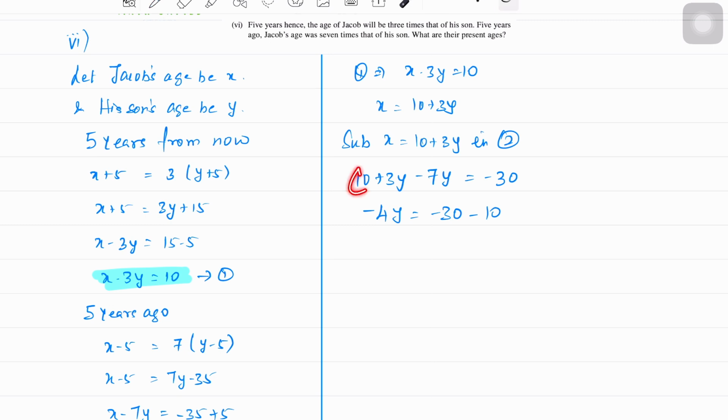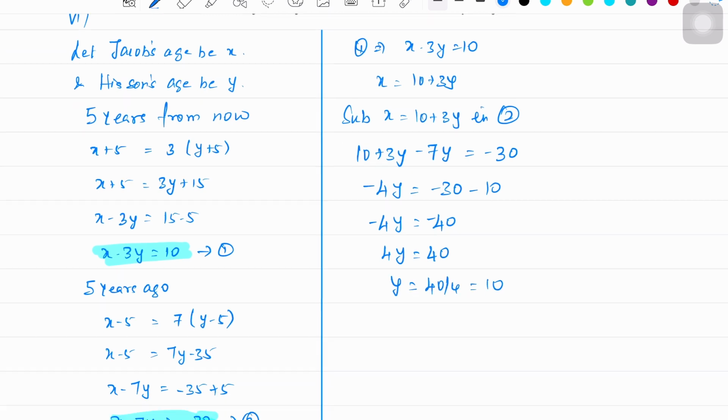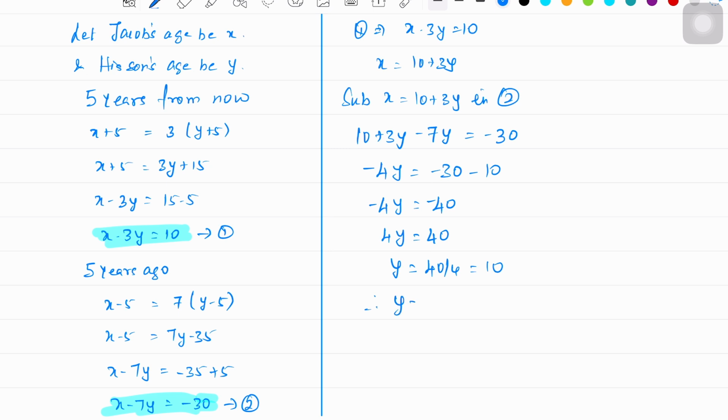We are bringing this 10 to the right side, and this will become minus 10. So negative 4y equals negative 40, or 4y equals 40 and y equals 40 over 4, that is equal to 10. Therefore y equals 10.